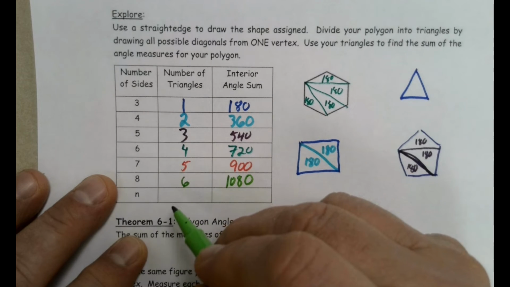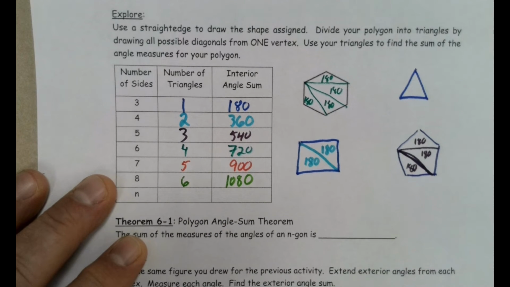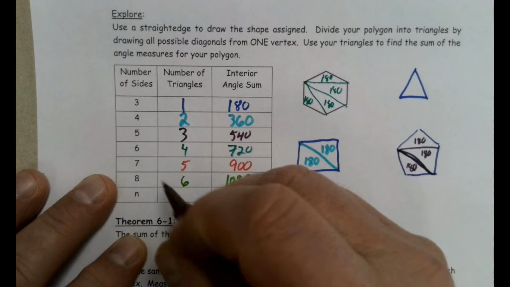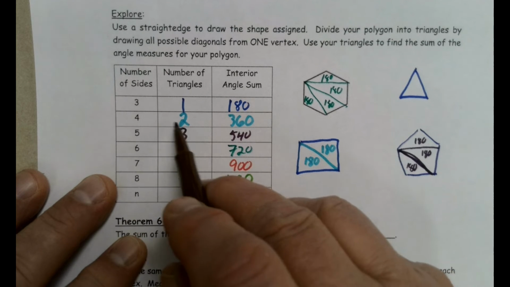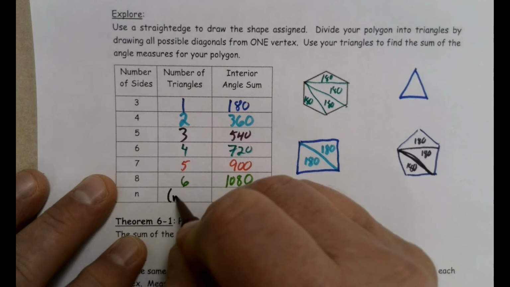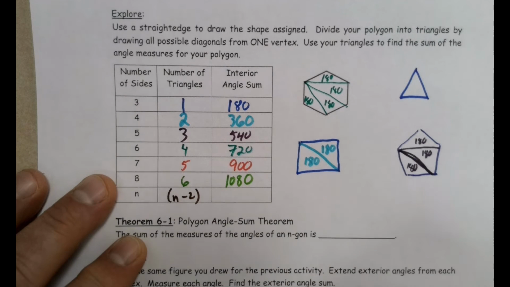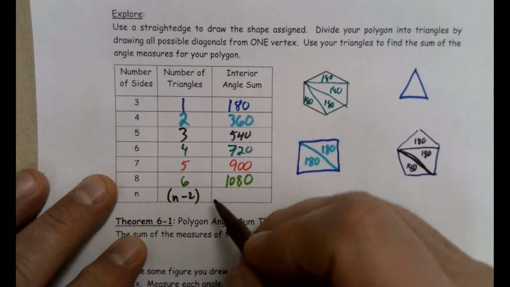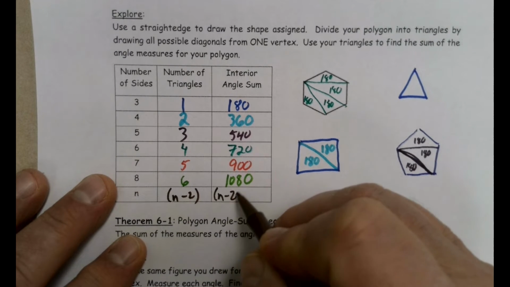And for n, this is really the important piece out of all of this. Notice that this is always 2 less than the number of sides. Okay, so I'd say n minus 2, and whatever that number is, that's what I'm multiplying times 180.